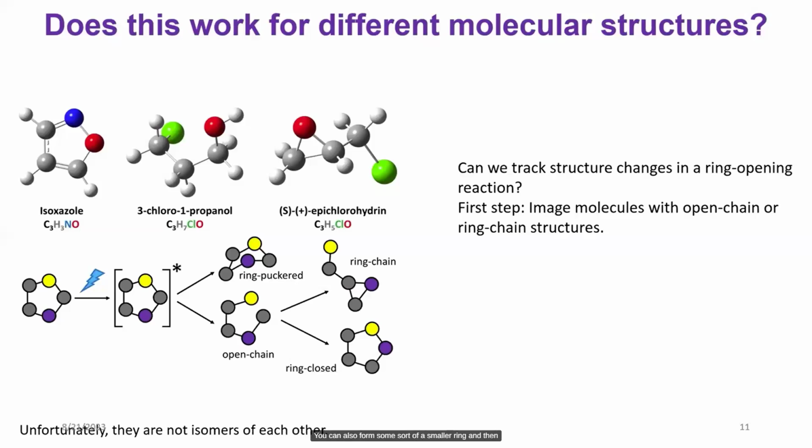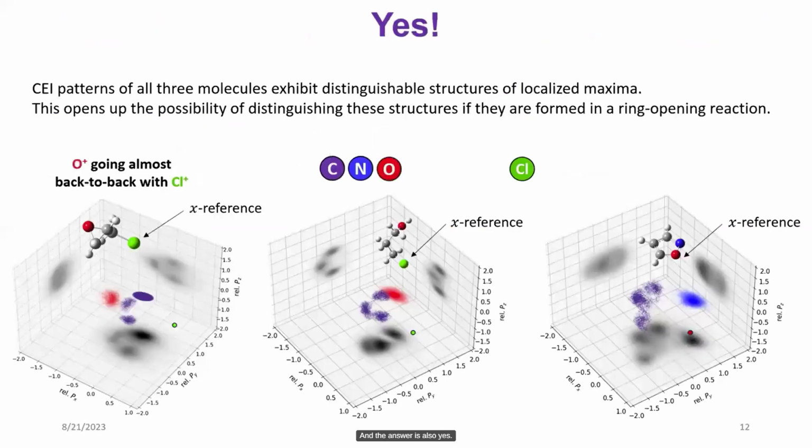You can also form some sort of smaller ring with a chain attached to it. So at the first step, we just look at these structures and pick some molecules that have similar structure, and then try to see whether we can still have the free momentum image of these molecular structures. And the answer is also yes.